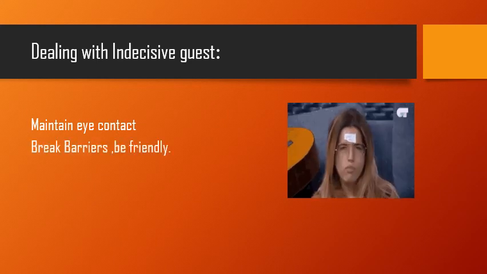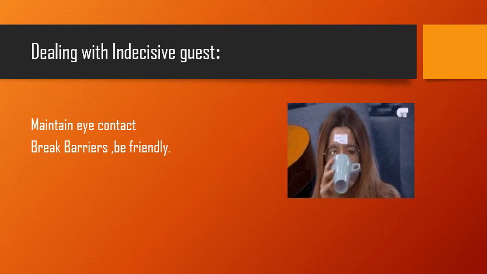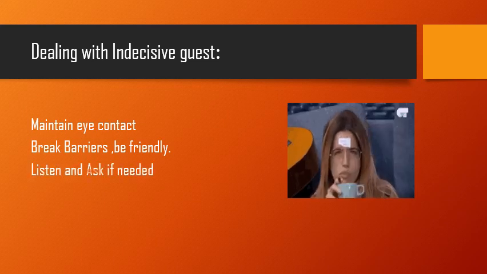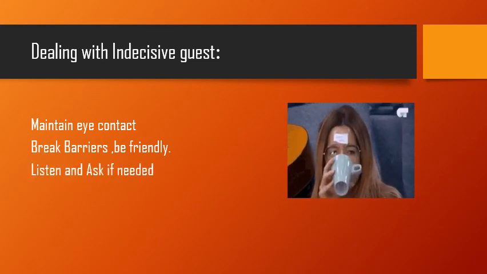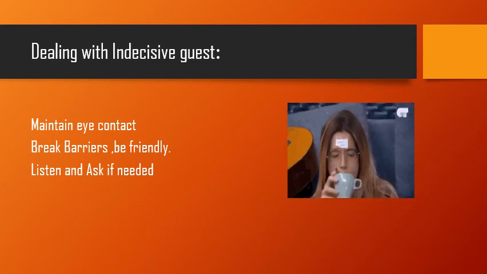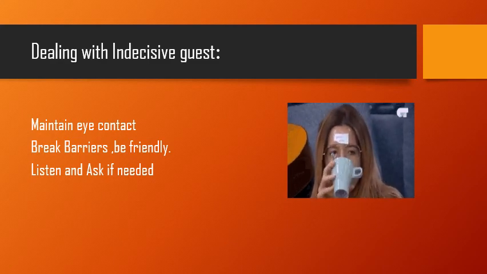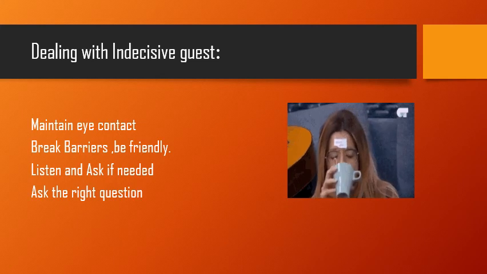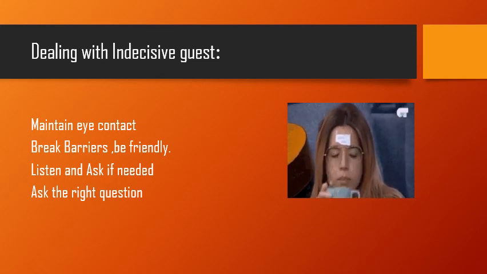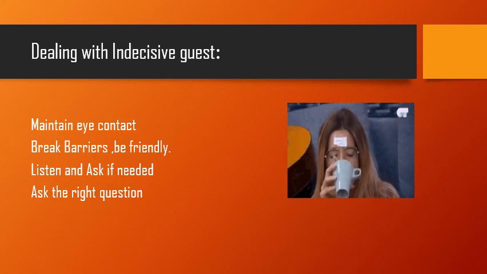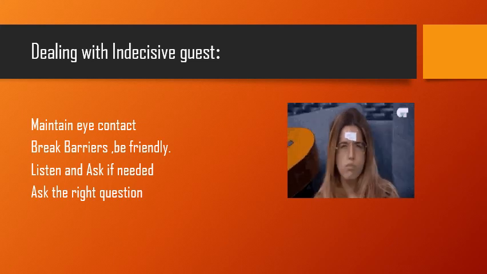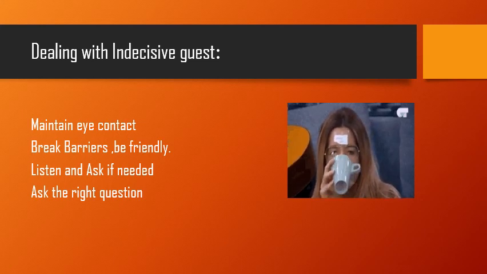Try to communicate and be friendly. Listen to his or her feelings and then you can ask what the person really wants. Ask open-ended questions and try to figure out the right question, what may be in his thought.